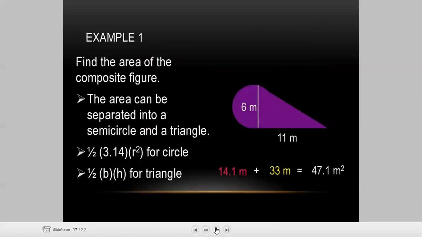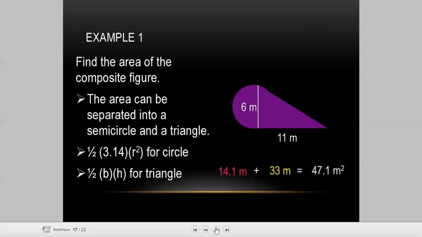Let's take an example. In the figure at the right side, you can see a semicircle and a triangle. The semicircle has a diameter of 6 meters.